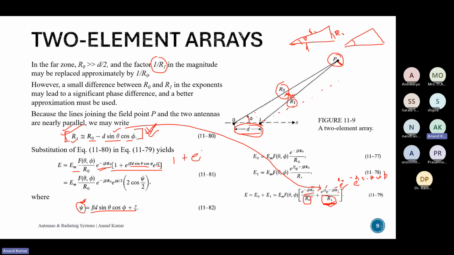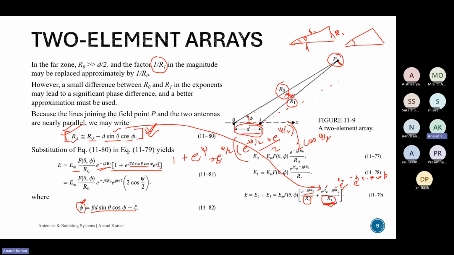plus e power pi here, and what we can do is write this as e power 5 by 2, e power minus 5 by 2 plus e power 5 by 2, multiplied and divided by 2 over here, and this particular thing becomes cos 5 by 2 into 2.